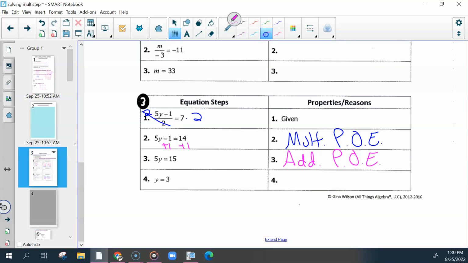Yeah, division. And we divided both sides by 5. That looks like a J. Don't know if that's any better. Right. Questions on that one?